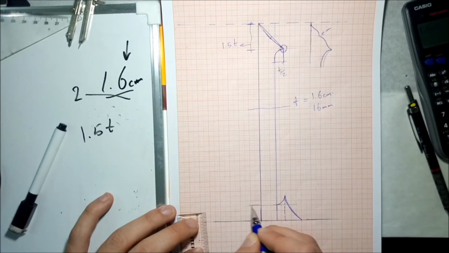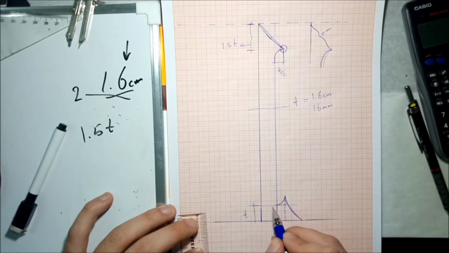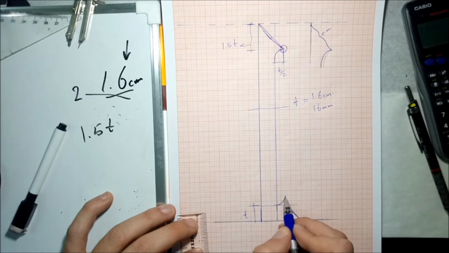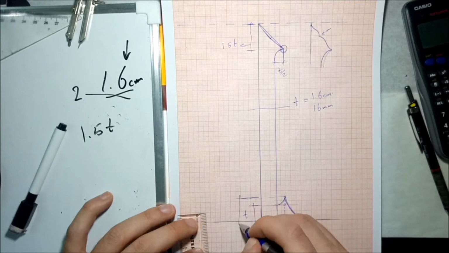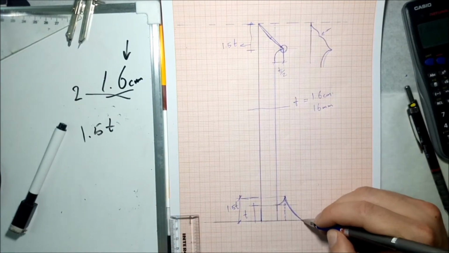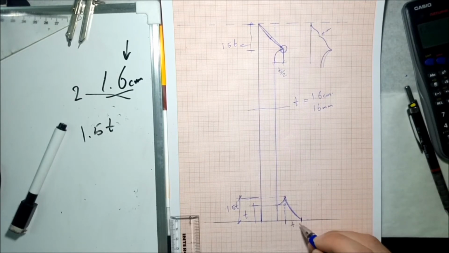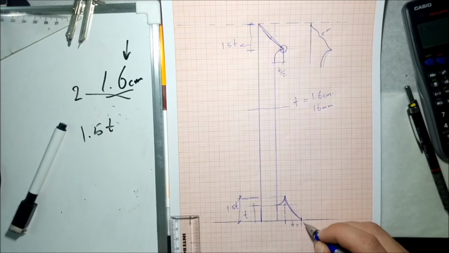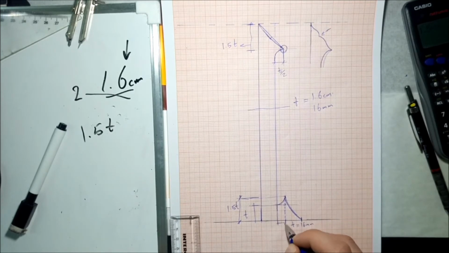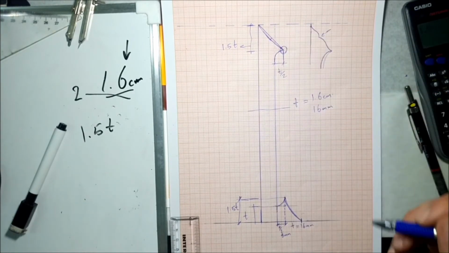This line was T, the full thickness, this point that joins this part of the circle. Meanwhile, this part is 1.5 T. Here, as we've seen, this part from here to here is T, the thickness, which is again 16 millimeters. Meanwhile, this part is T over 2, which is 8 millimeters. This is quite a big Alef, just to explain how to do it.